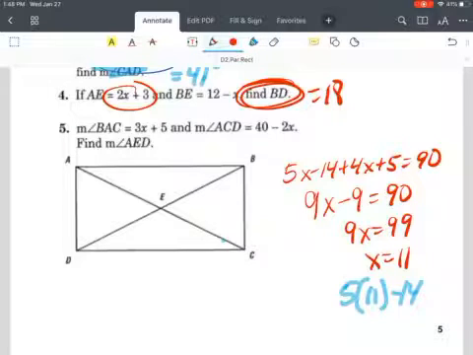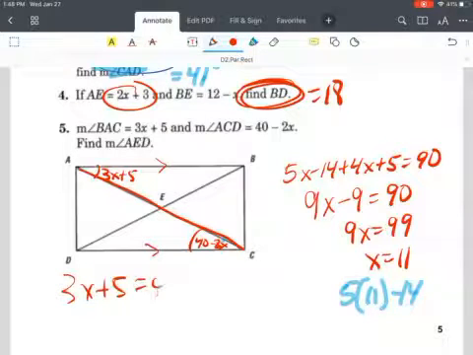And then lastly for number 5. BAC is 3x plus 5, and ACD is 40 minus 2x. Remembering from an earlier chapter, those are alternate interior angles from my parallel lines, which makes them equal to each other.